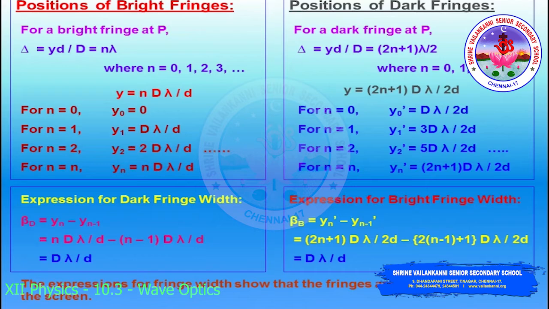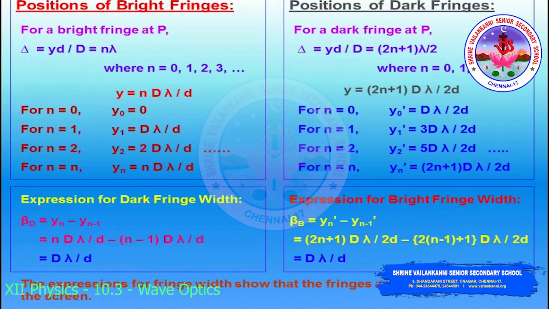Similarly for the dark fringes, Xn minus Xn minus 1 is 2n plus 1 into D lambda by 2d minus 2n minus 1 into D lambda by 2d, so we will get D lambda by small d.